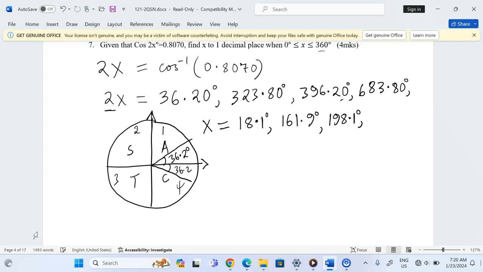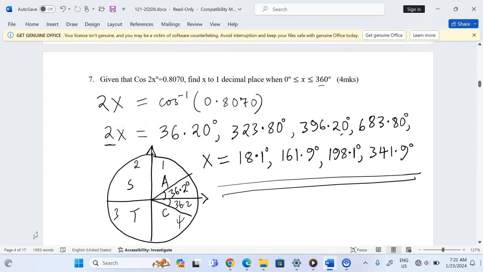And finally, we got 683.8 divided by 2, which gives us 341.9 degrees. So those are the angles in degrees and to one decimal place.